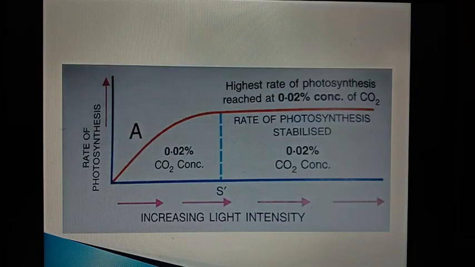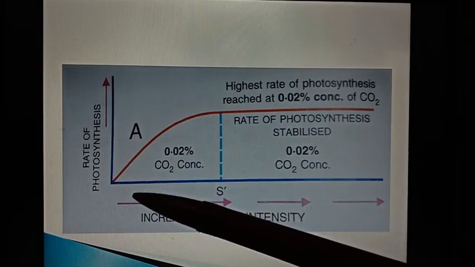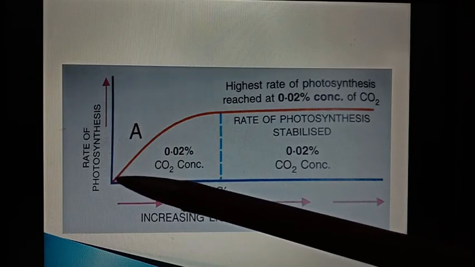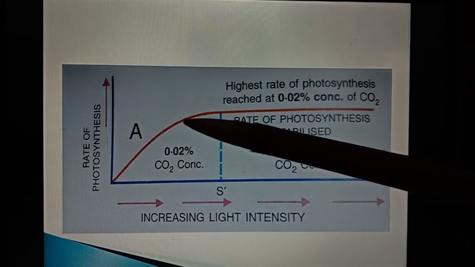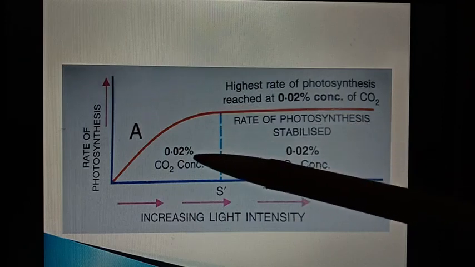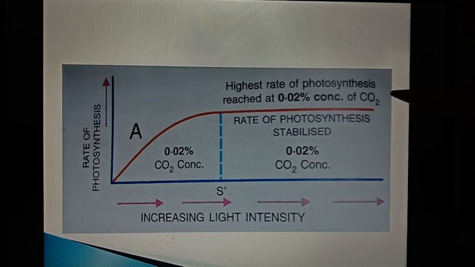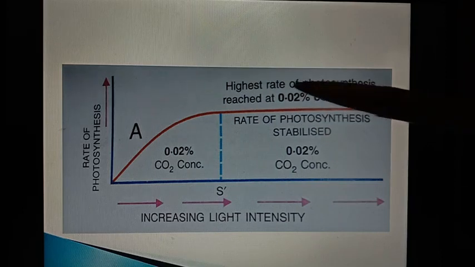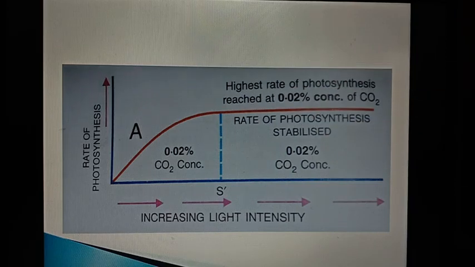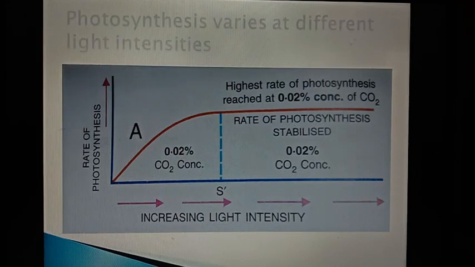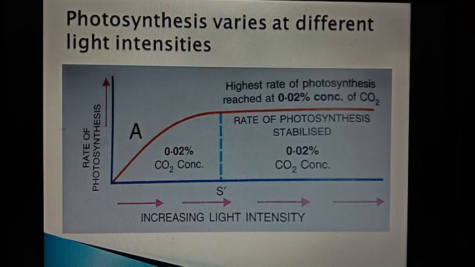As we can see in the diagram, with the increasing light intensity, the rate of photosynthesis has initially increased, but at a concentration of 0.02% carbon dioxide it becomes stabilized. The highest rate of photosynthesis is reached at 0.02% concentration of carbon dioxide, marked by S dash. So photosynthesis will vary at different light intensities.